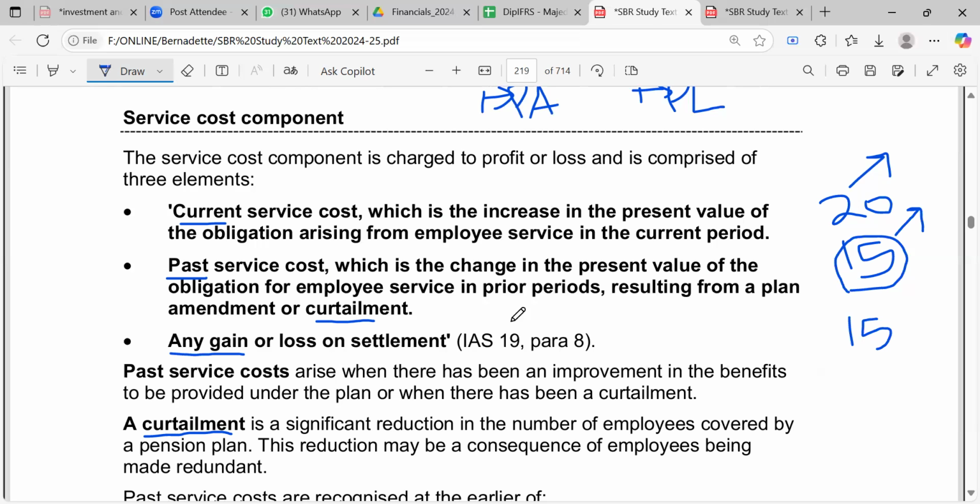Yes, so that could also be the reason. And the last thing here is any gain or loss on what? Settlement. You may agree, let's say you've agreed with the employees, maybe you are leaving the company, for example, or it could be anything.